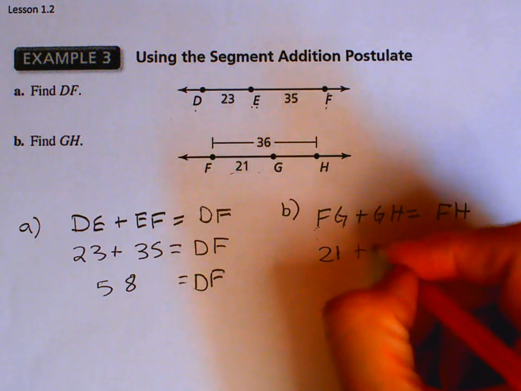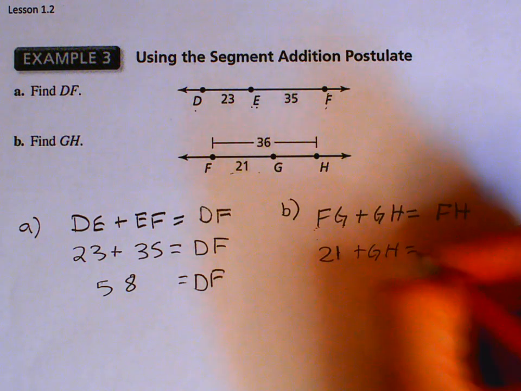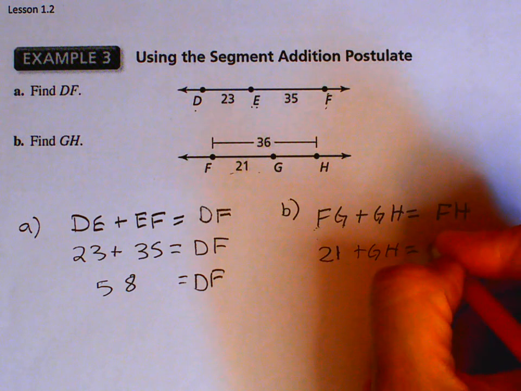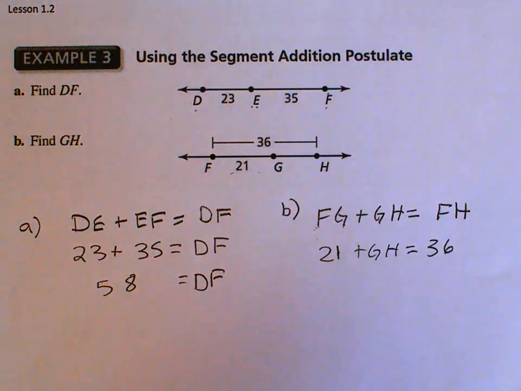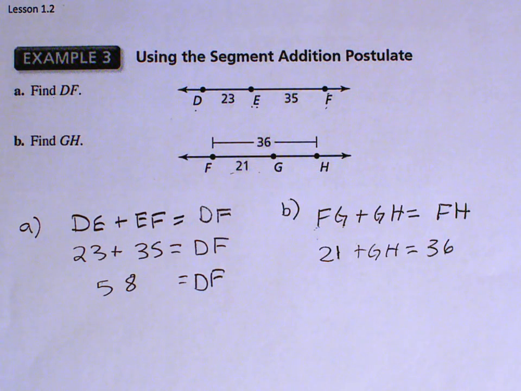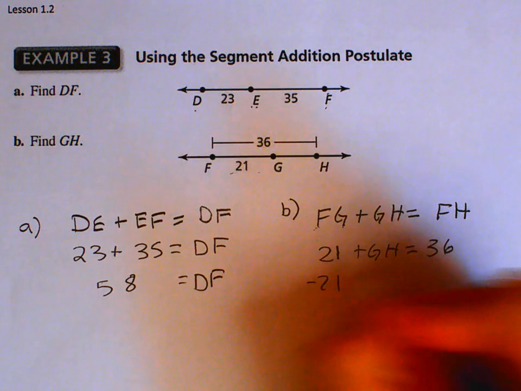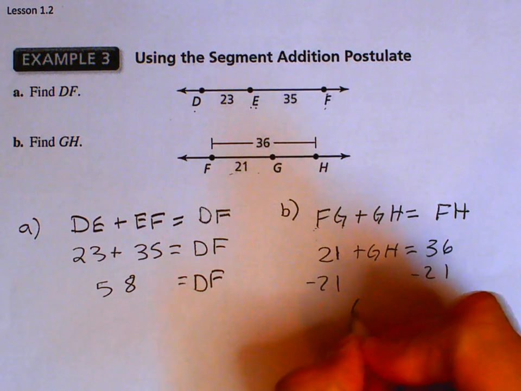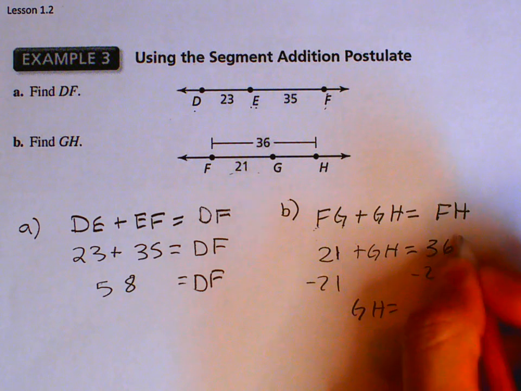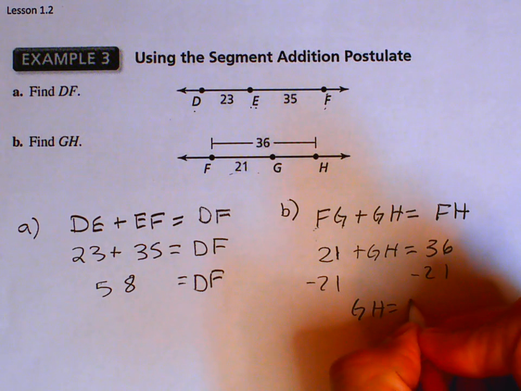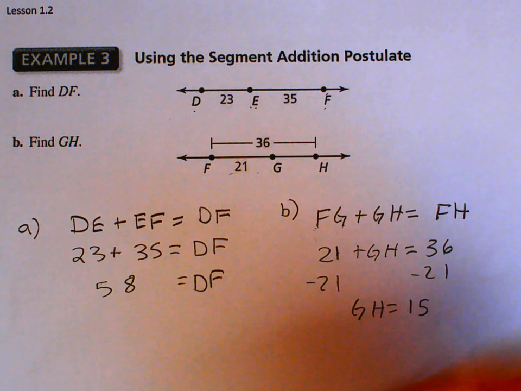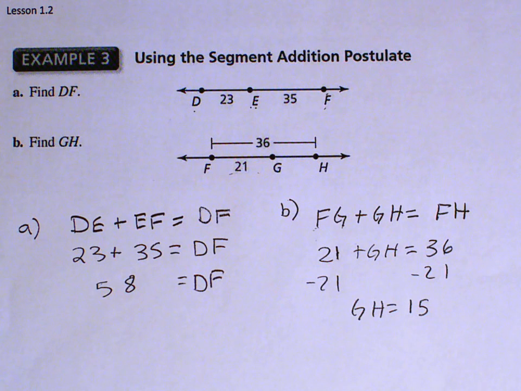We do not know what GH is, but we do know what FH is. FH is 36. So our goal is to solve for GH. So what we're going to do is subtract, and GH is equal to 36 minus 21, which happens to be 15. So GH is 15.